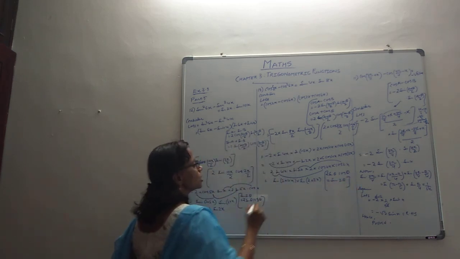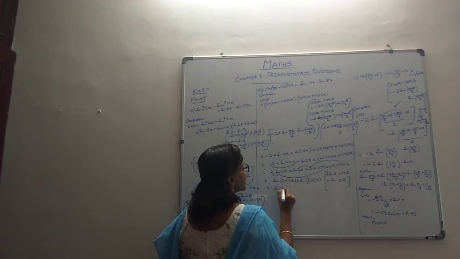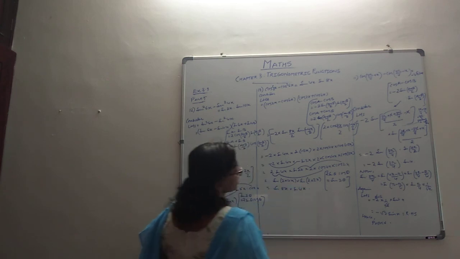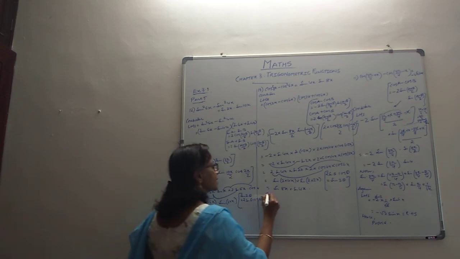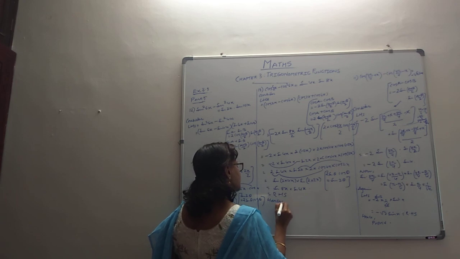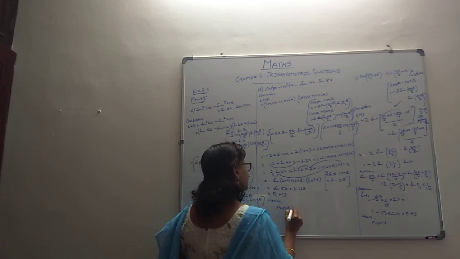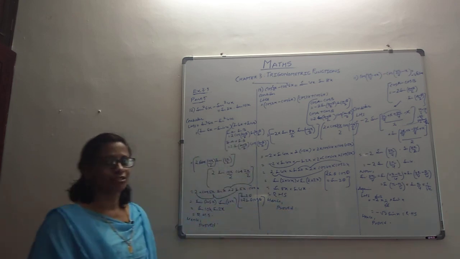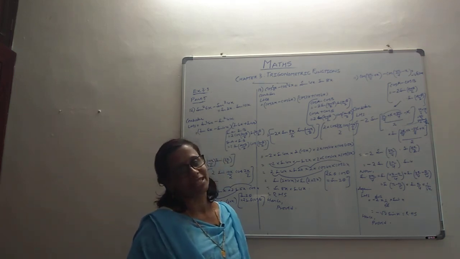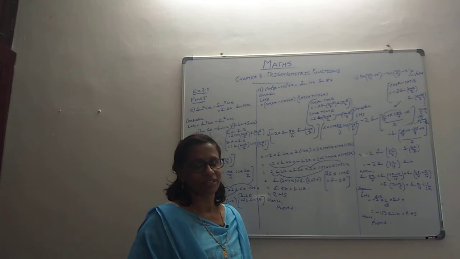And that is how you are getting sin 8x into sin 4x, and that is what they ask us. That is our RHS, and that's how we prove this result. With the remaining problems, we see in the next part of the video. Thank you.